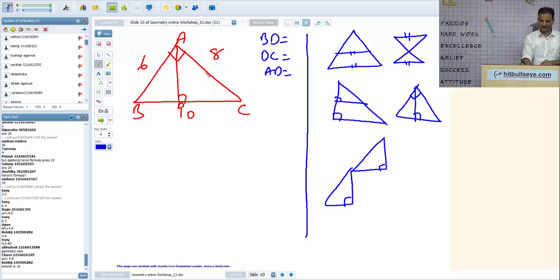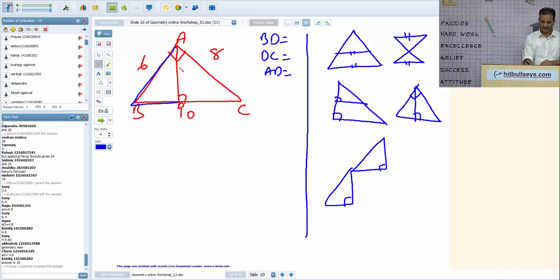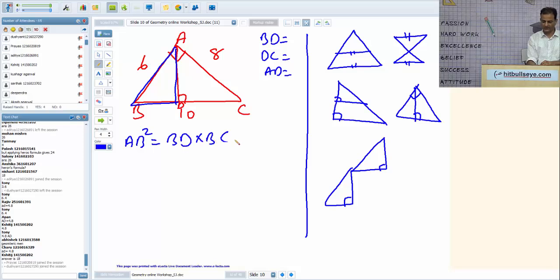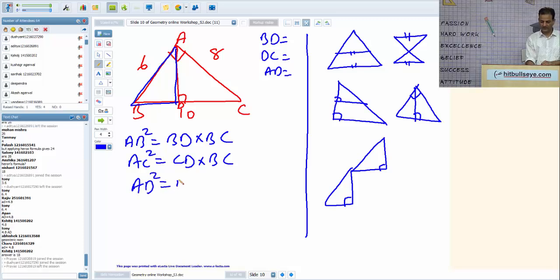Triangle ABD and triangle ABC are similar. So when these triangles are similar, three theorems will be there. Right now I am writing AB square will be BD into BC. Similarly AC square is equal to CD into BC, and the third thing is AD square is equal to BD into DC.